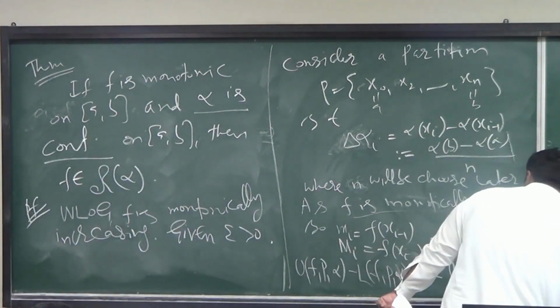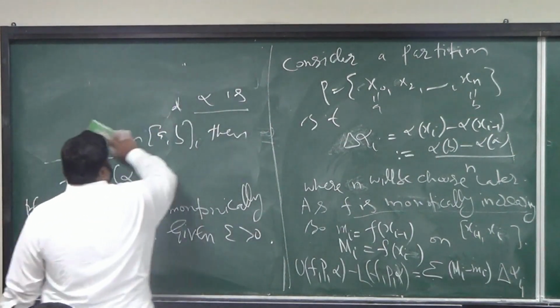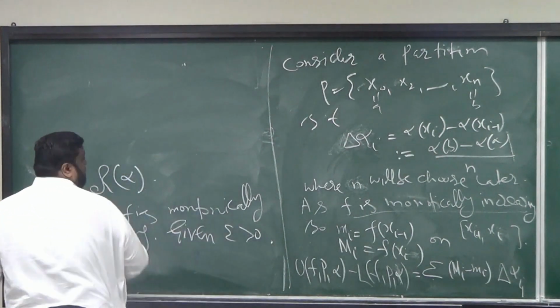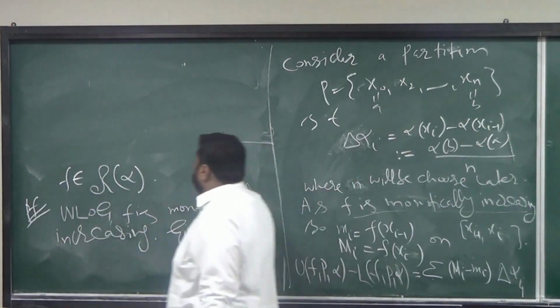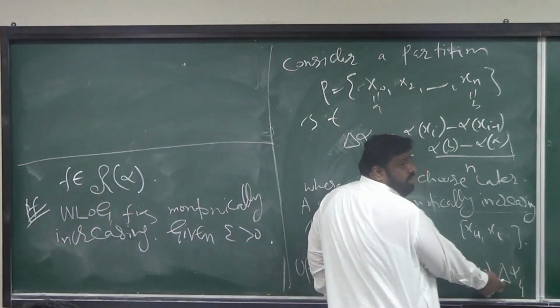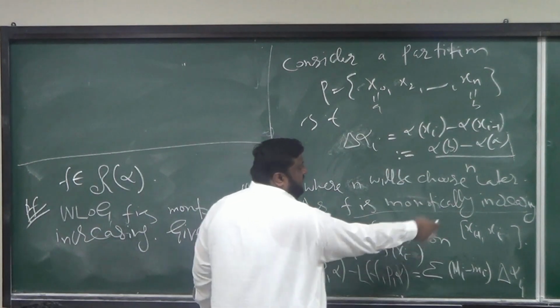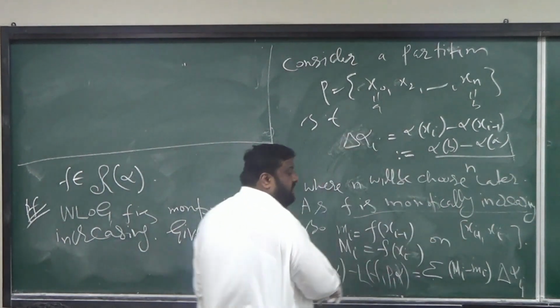Can you see where we are going? So what is delta alpha I? It's equal to alpha b minus alpha a upon n, this fixed number. I can substitute it here, and there is no index here, so I can put it out.